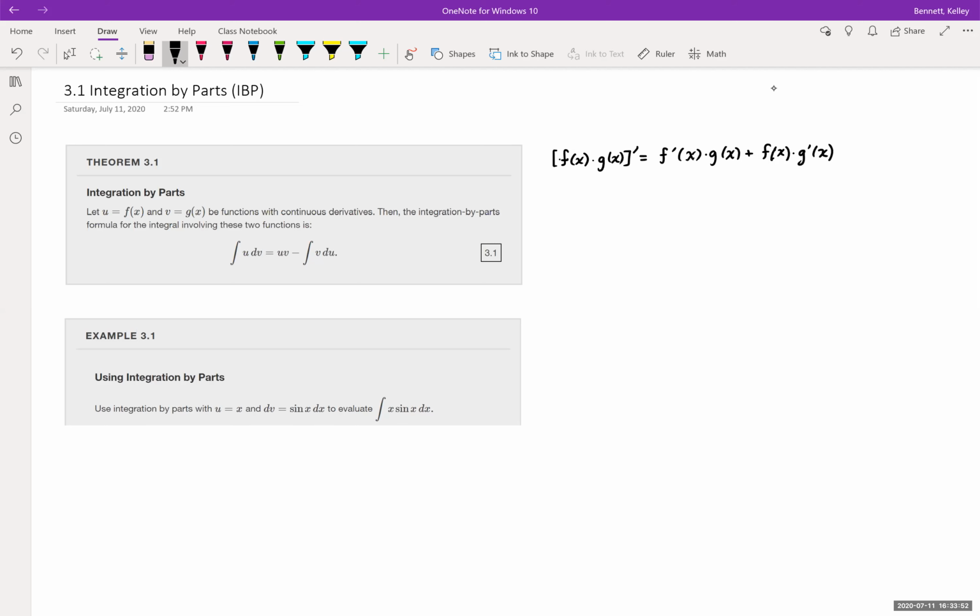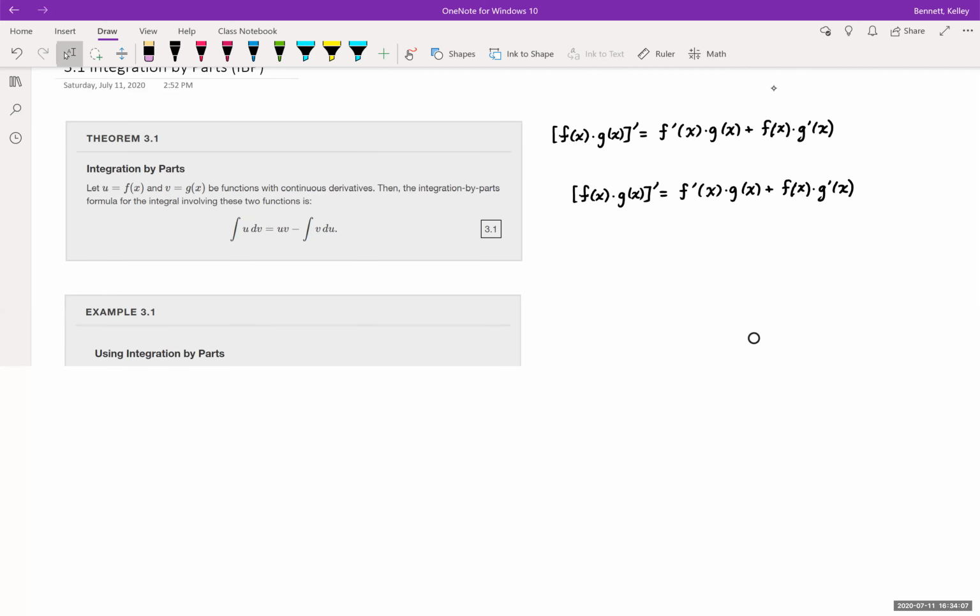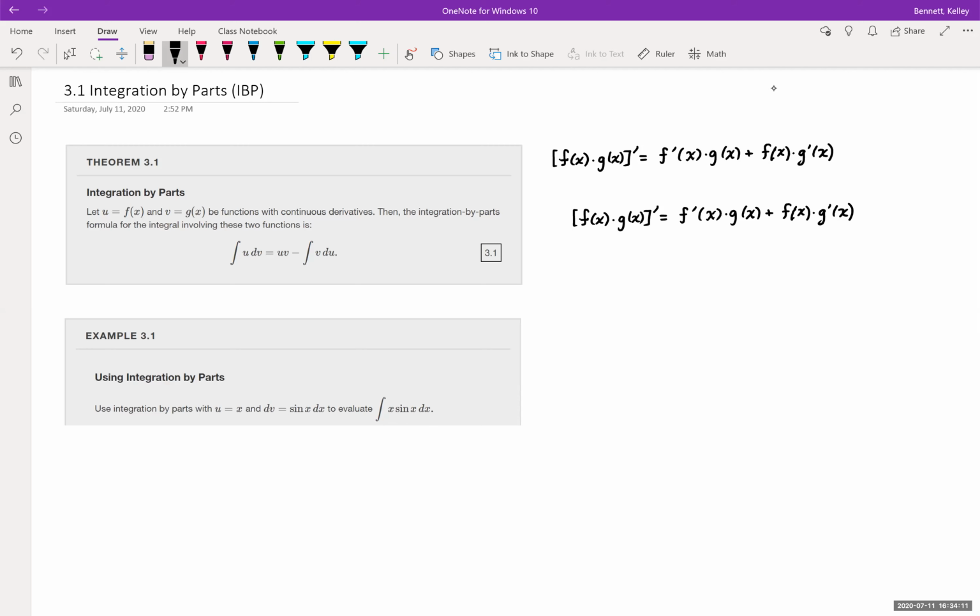So if I integrate both sides, of course there are dx's in here, but just for simplicity's sake, just integrating everything, then what I would have is f of x times g of x equals the integral of f prime of x times g of x plus f of x times g prime of x.